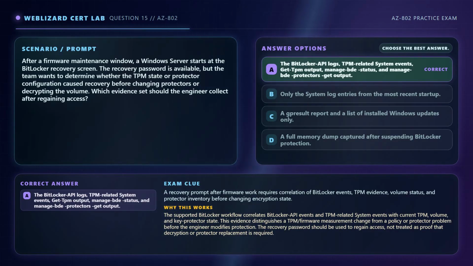This evidence distinguishes a TPM/firmware measurement change from a policy or protector problem before the engineer modifies protection. The recovery password should be used to regain access, not treated as proof that decryption or protector replacement is required. A recovery prompt after firmware work requires correlation of BitLocker events, TPM evidence, volume status, and protector inventory before changing encryption state.